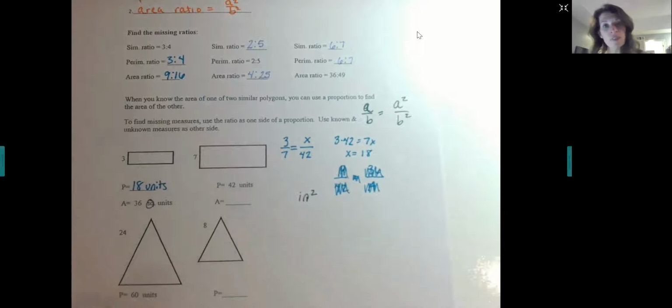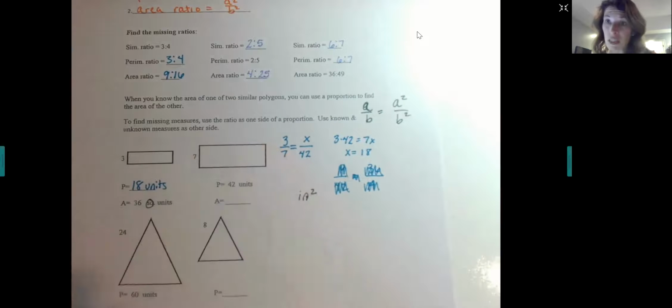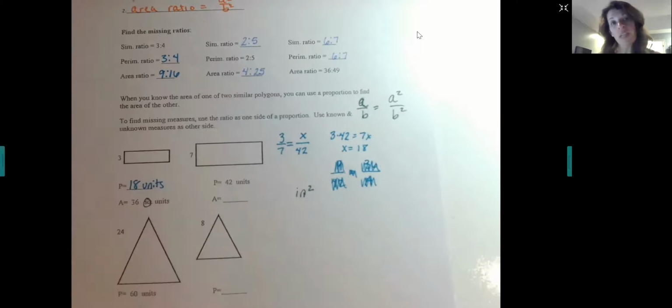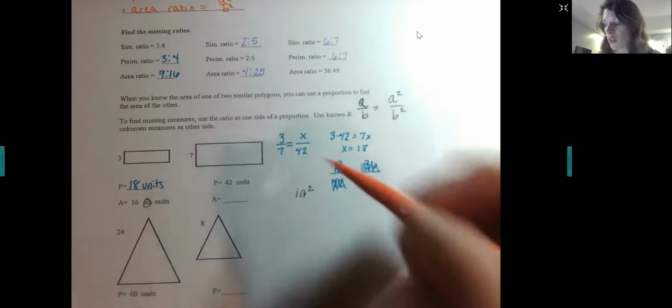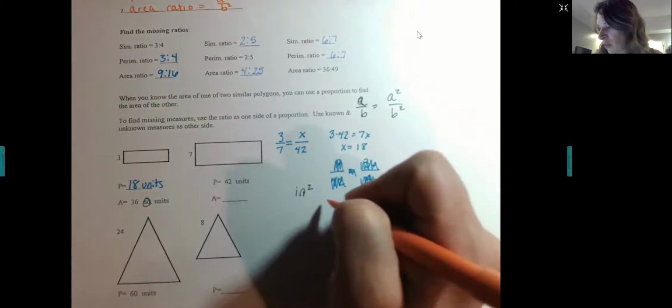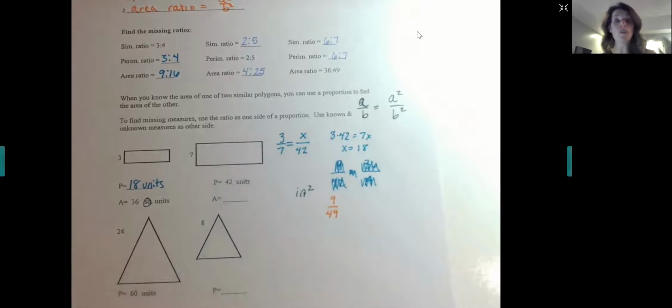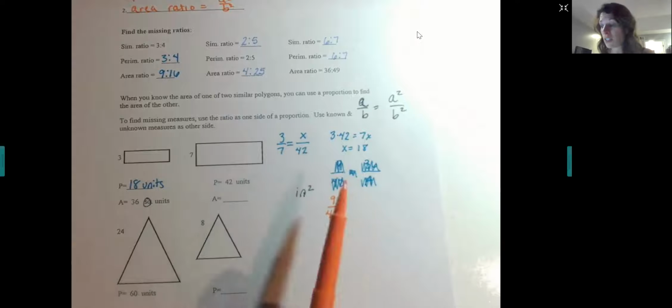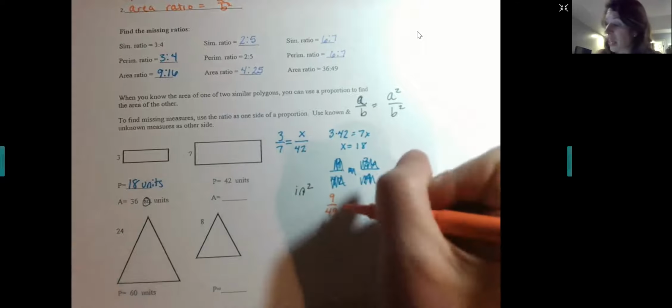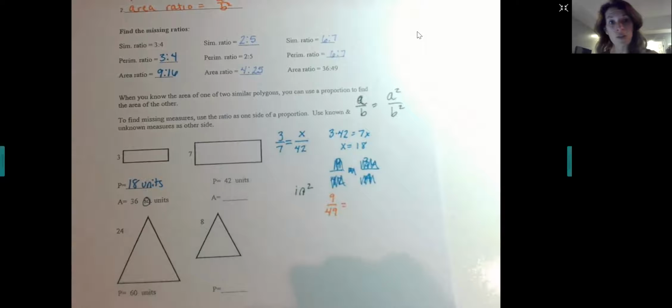Then we now have to find area. I can't use my similarity ratio, just like up here. I have to use my area ratio. So I'm squaring both of those so that I have 9 over 49. That's my new ratio. So just like before, when we're putting something into a proportion, we just need to find the ratio, and then it helps us find the actual value.